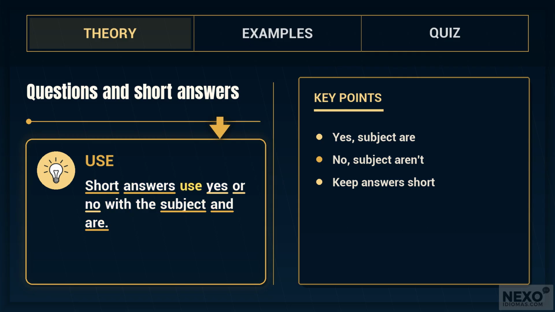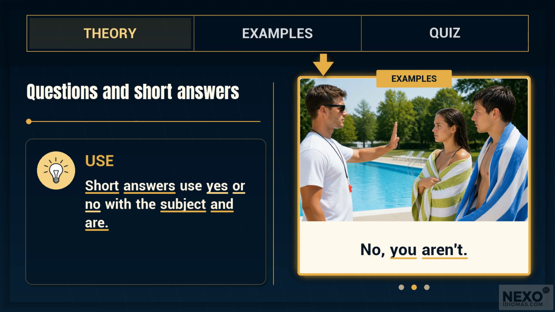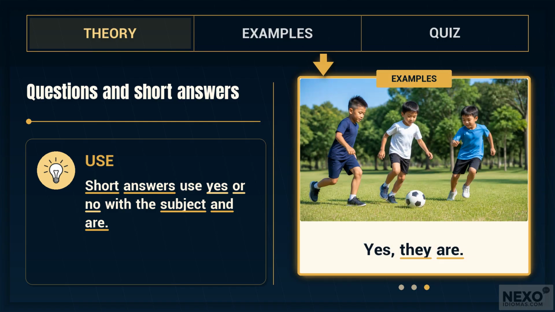Short answers use yes or no with the subject and are. Example. Yes, we are. Example. No, you aren't. Example. Yes, they are.